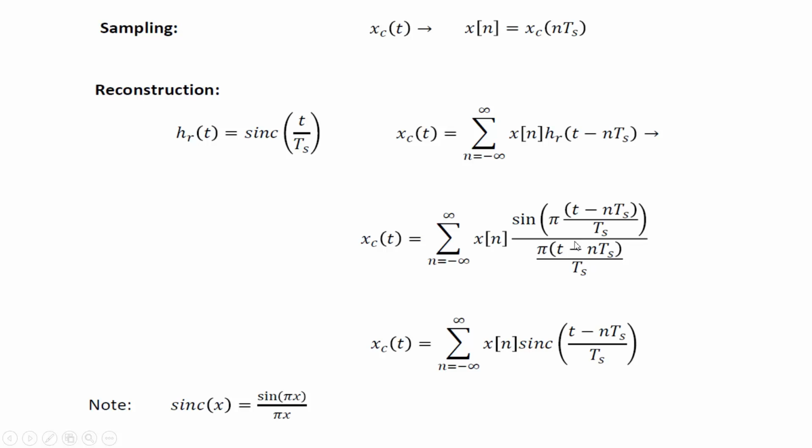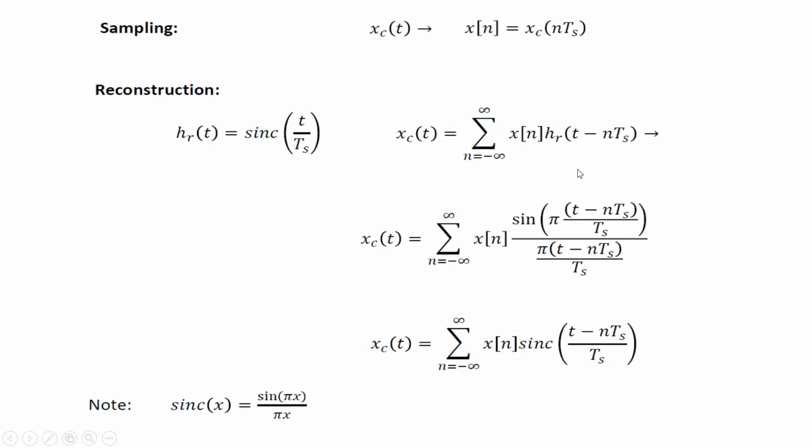So this is basically the sinc function, and we can represent it as the sinc function here, multiplied with the input digital sequence, summed over n going from minus infinity to infinity. This is how the recovery of the continuous time signal can be done.